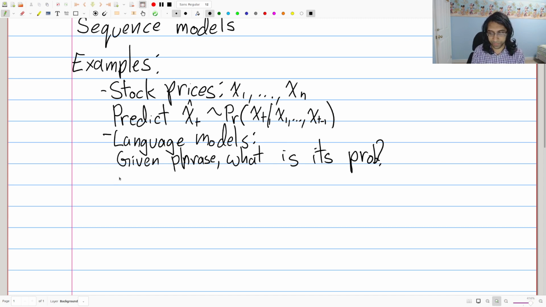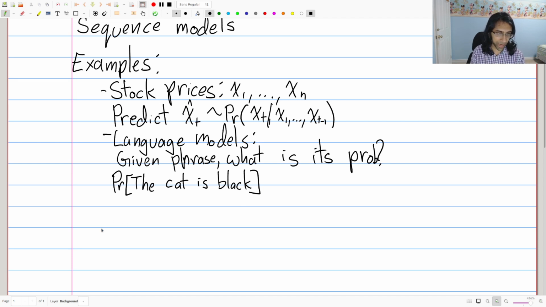For example, let's suppose we want to predict the probability that "the cat is black." There's a probability someone could speak this phrase or write this phrase, and it's a non-zero probability, so a relatively reasonable sentence to write.